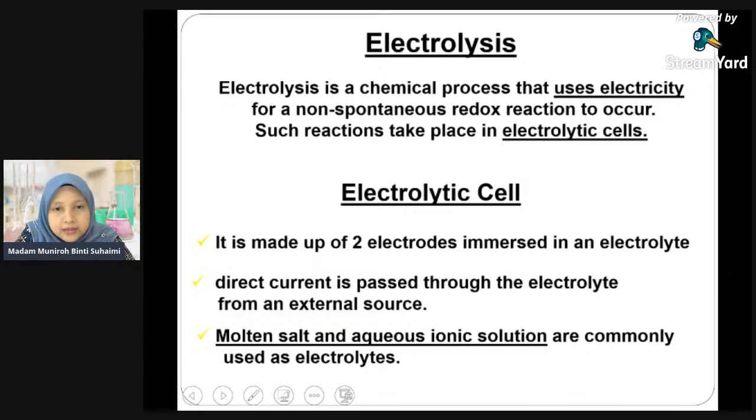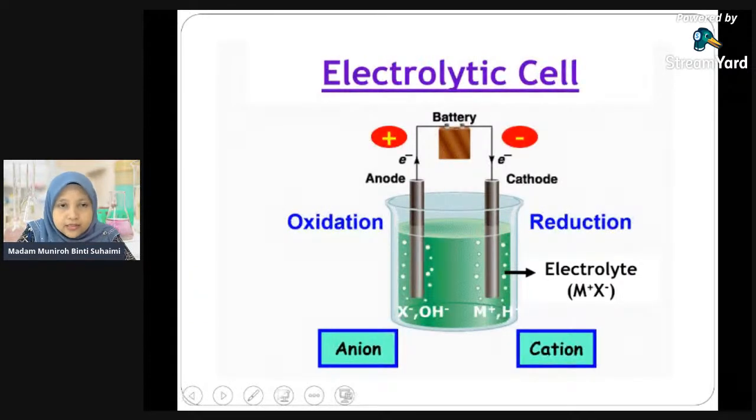This is an electrolytic cell. From this slide we can see there are two electrodes immersed in electrolyte. On the left side we have the anode, a positive terminal, and on the right side is the cathode, a negative terminal.